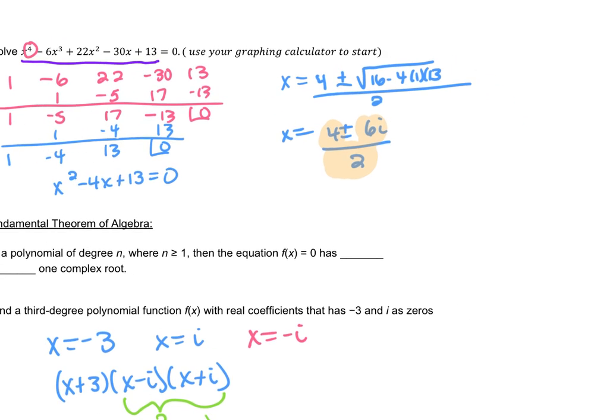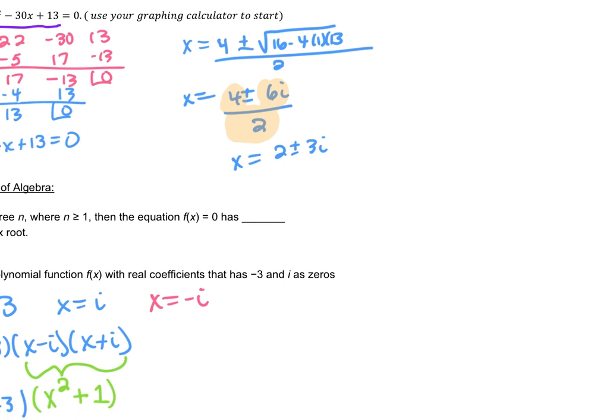Okay. This is going to simplify then to, we have a common factor of 2, so 2 goes into 4 2 times, plus or minus 3i all over 1. So our solutions then are 2 plus 3i, 2 minus 3i, and then also 1.